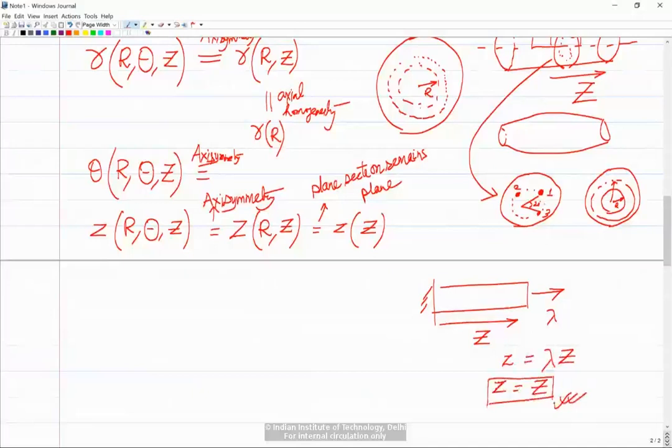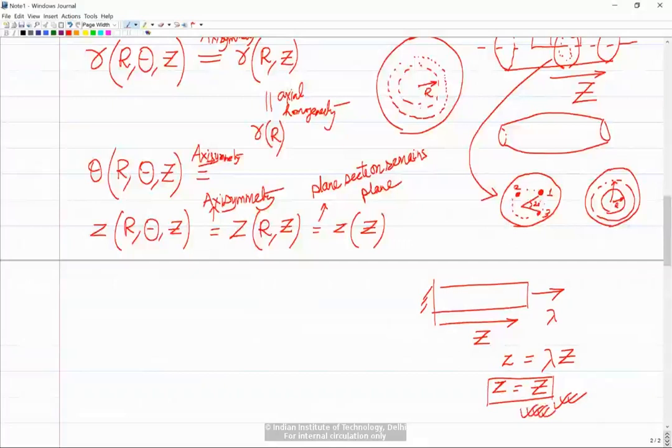So small z having dependence on big Z does not imply axial non-homogeneity, because this is going to happen even in the most trivial condition. When nothing is deforming, small z is going to remain big Z. Right?